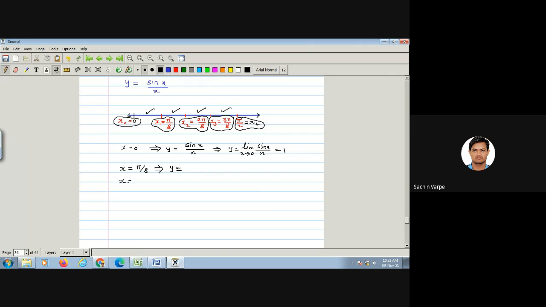Then for x equal to 2 pi by 8, that is pi by 4, what is the value of y?